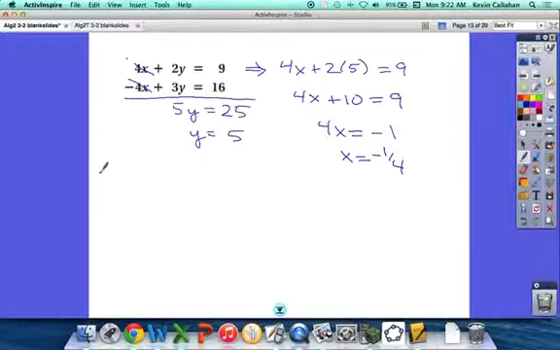So there's our point, right? We know they're intersecting in a point. The point is negative 1/4, comma 5.